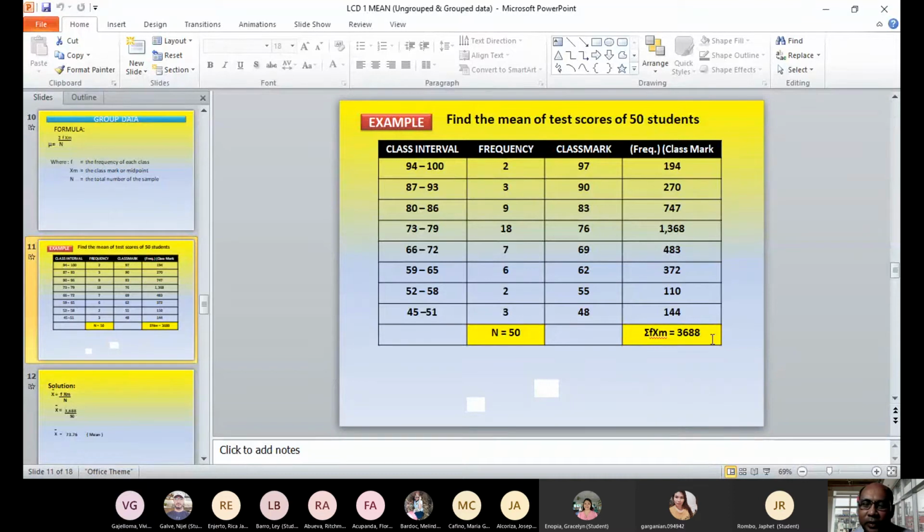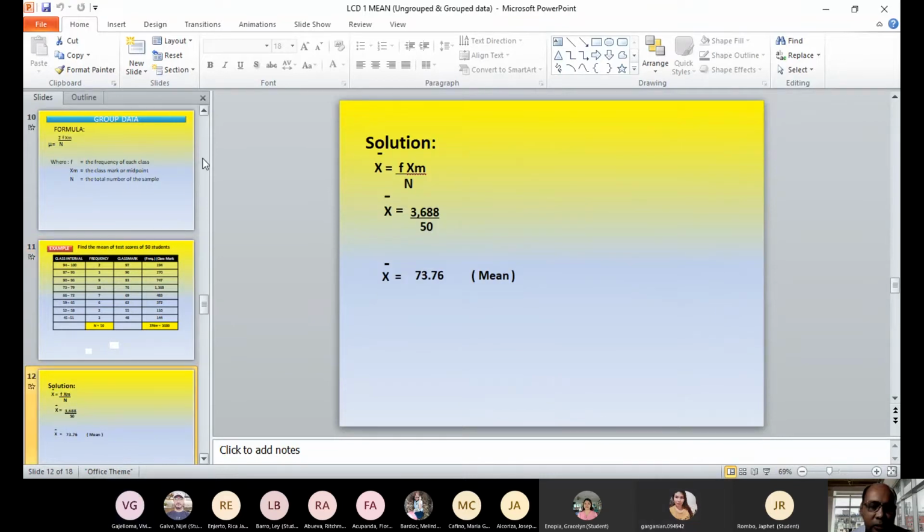Now, this value is the summation of f times x sub m, which we need for our formula. The summation of f times x sub m, meaning 3,688, divided by n, which is equal to 50.